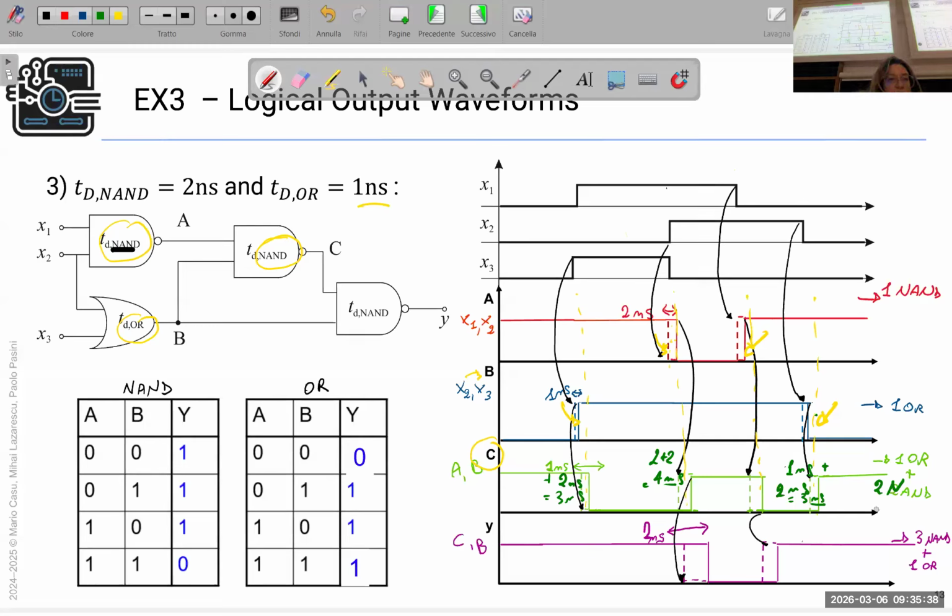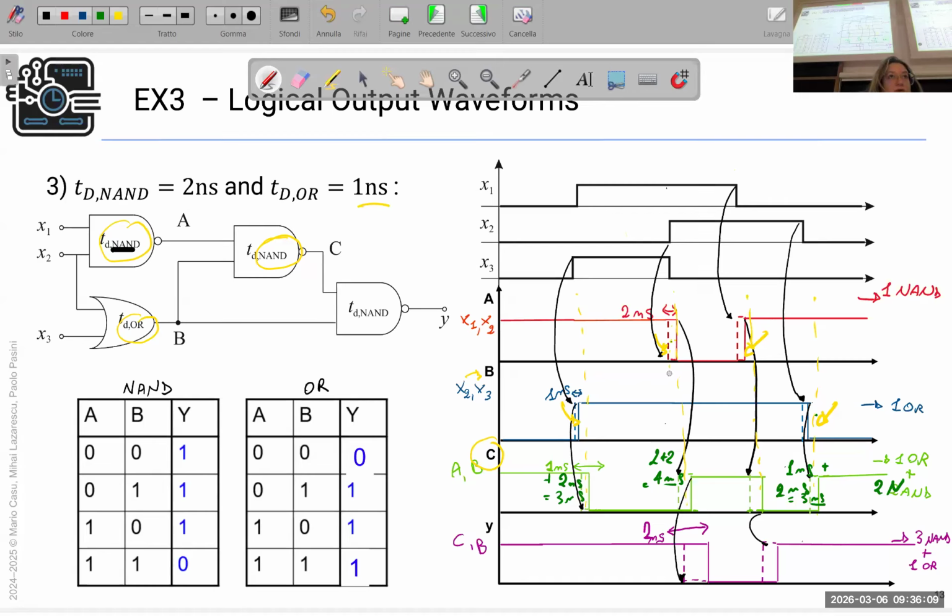Yes. We have 5 if the transition is made by A, so NAND, and by B, so OR, and we have 3, and C. So if the transition is made by both the signals, we have 3 nanoseconds of transition plus the NAND of C, and it's 5 nanoseconds, right?